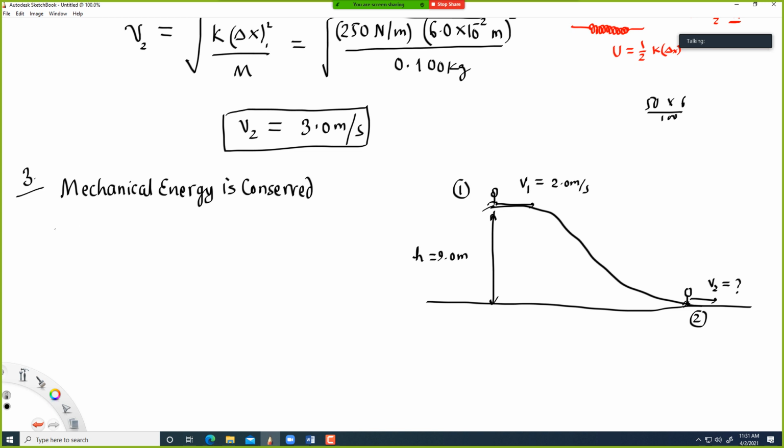Mechanical energy at 1 is kinetic energy 1 plus potential energy 1, and mechanical energy at 2 is kinetic energy 2 plus potential energy 2. That's conserved, no loss of energy.